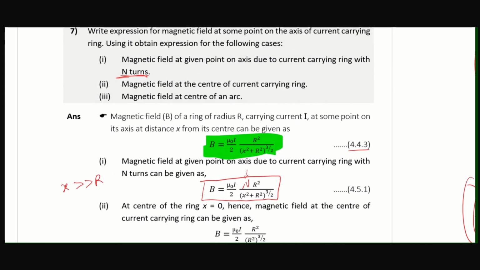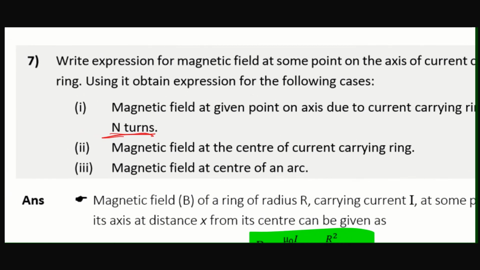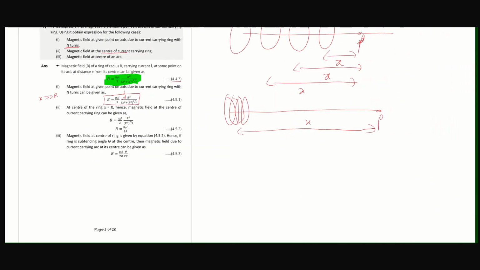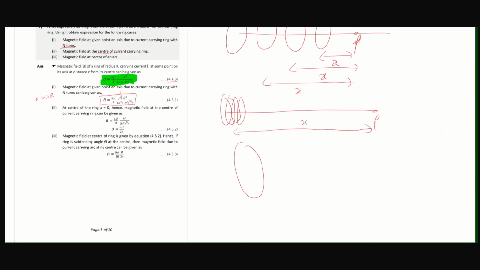Next is magnetic field at the center of the current carrying ring. What do you mean by center? When you are at the center, X will be 0, isn't it? So the X value at center is 0, and then we have mu 0 I by 2, r square upon r square plus x square raised to 3 by 2.